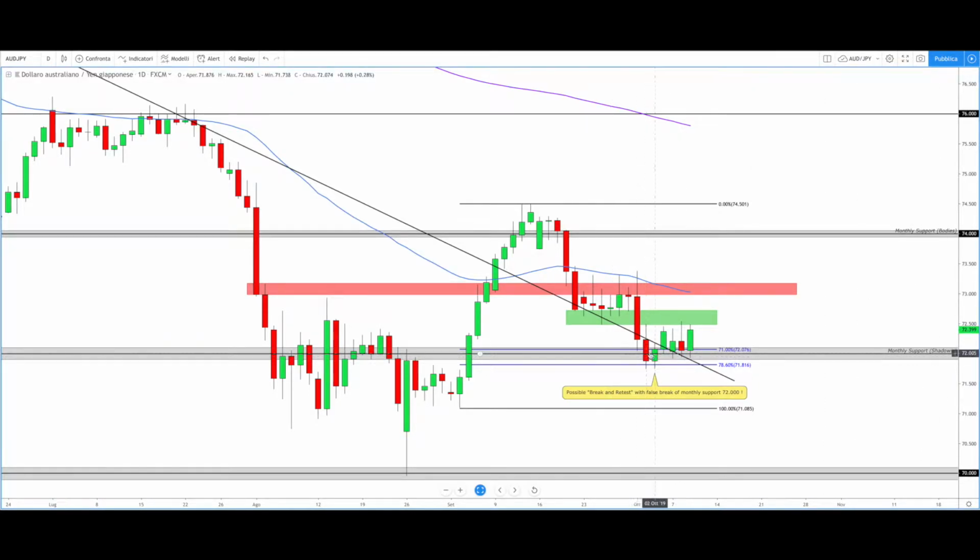This daily closing below a monthly support was a big bearish signal for us, but just after it the price formed a bullish candle and came back with the next daily closing above this key level. Obviously this was a strong signal, because just after a break we have a comeback.